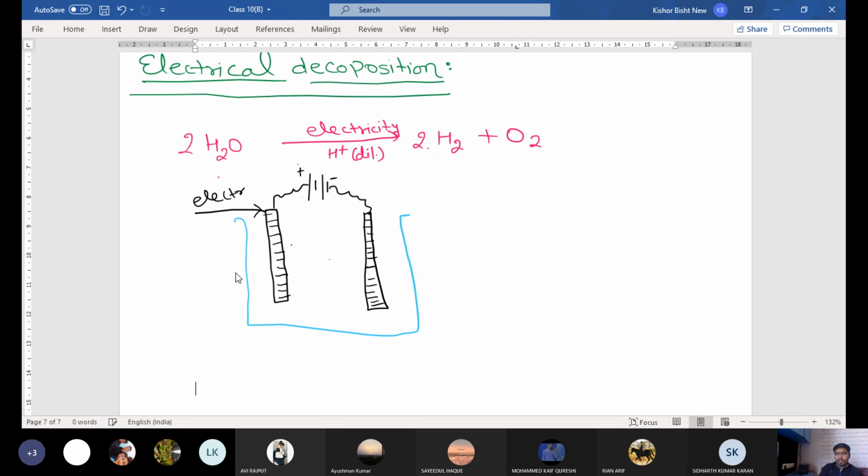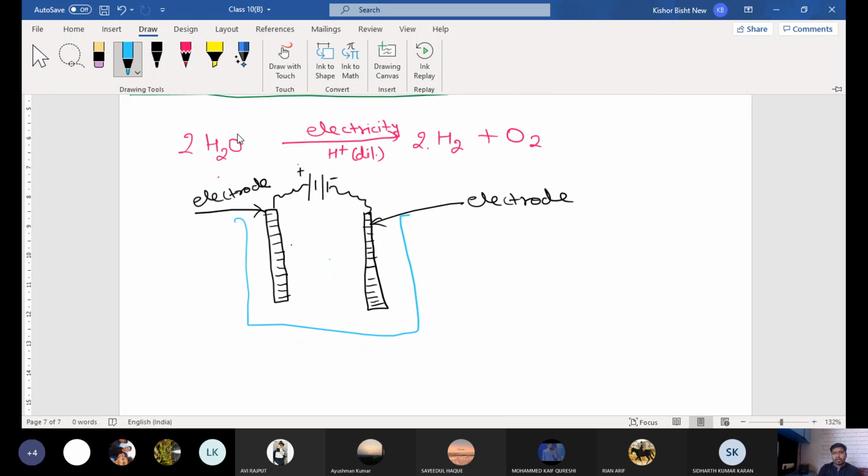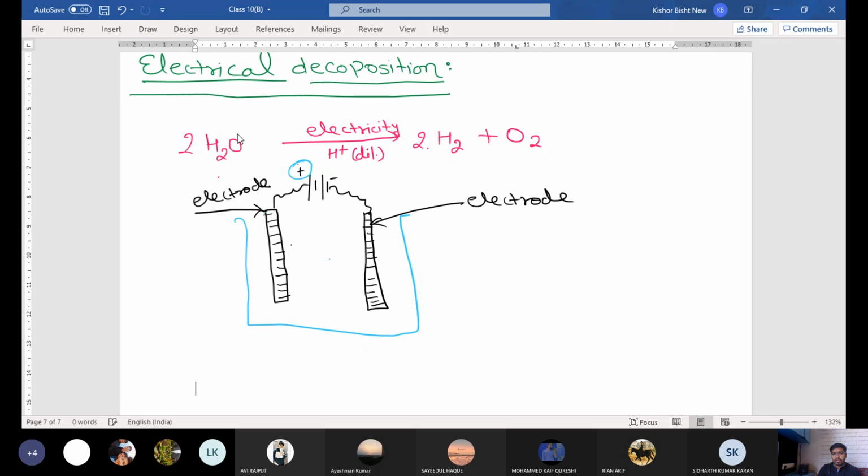Both are called electrodes. When a graphite rod conducts the electricity, that is called the electrode. The electrode connected with the positive part is called the anode, and the other one, which is connected with the negative terminal of the battery, is called the cathode.